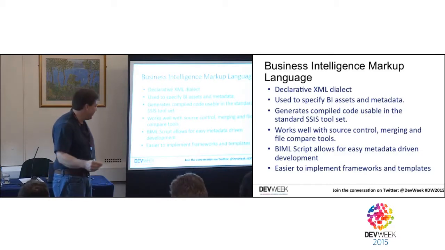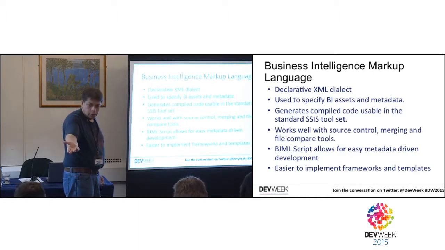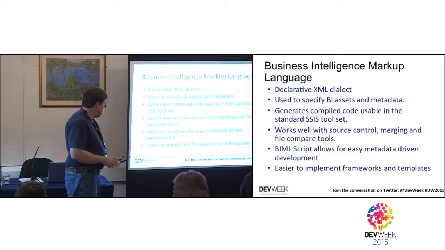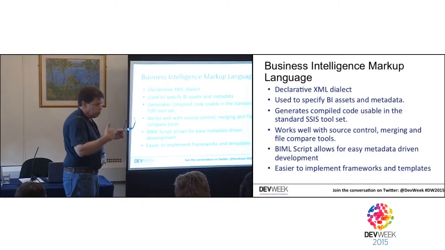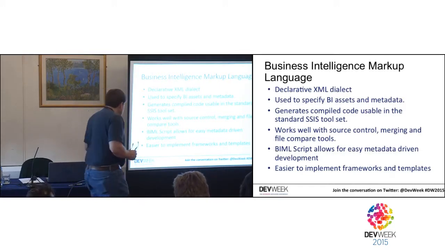I love XAML though. In this case, there are tags, and it's all meta-driven, like XAML. So you put in the tag and then you say the name. It's very user-friendly as far as that goes.